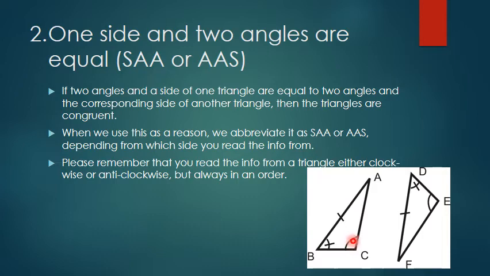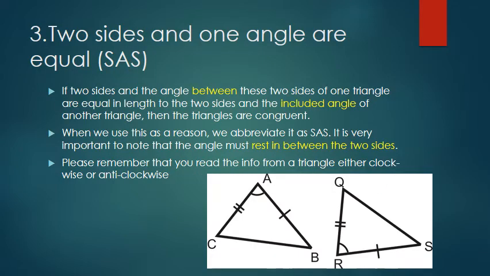So if you took it from this side, it's angle, side, angle. Then 2 sides and one angle are equal, but the angle should be in between the 2 sides that are equal. So it doesn't matter from which side you take, it's going to be exactly the same. So side, angle, side, or if you took it from this side, side, angle, side.